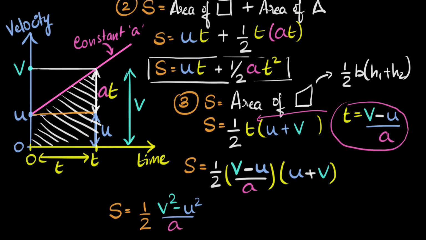And again, if we do some algebra and rearrange this, we will now end up with v squared minus u squared equals 2as. And that is our equation number 3. As you can see, it is independent of time.